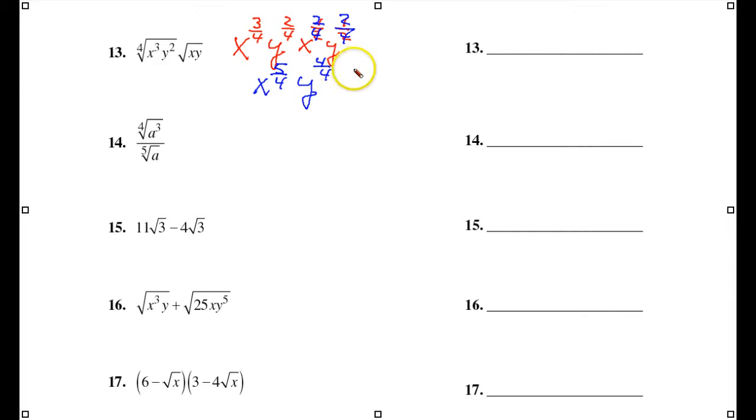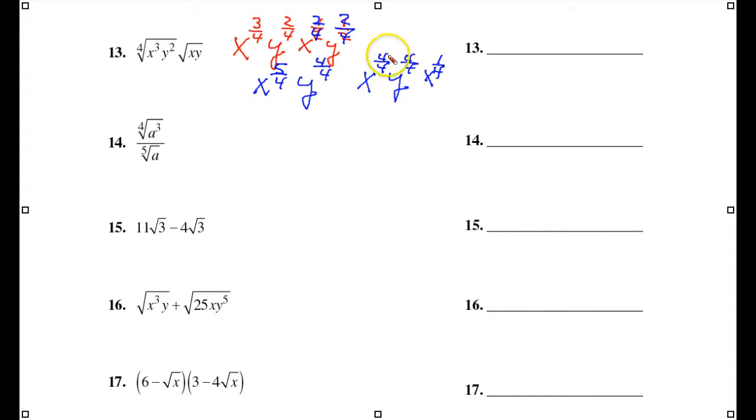And now we convert that back into, well, let me show you an intermediate step here. So this would be x to the 4/4, y to the 4/4, and notice there's 1/4 left over here, so I'll put that over here, y to the 1/4.